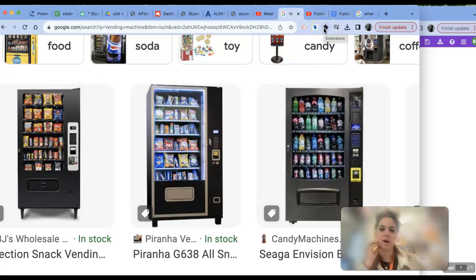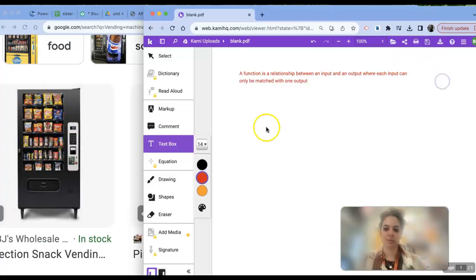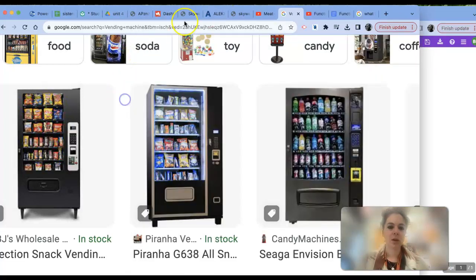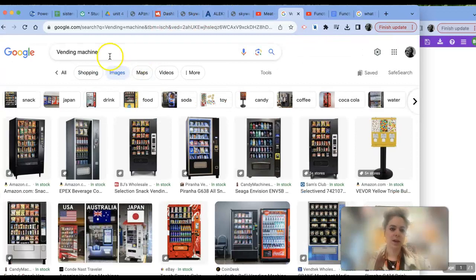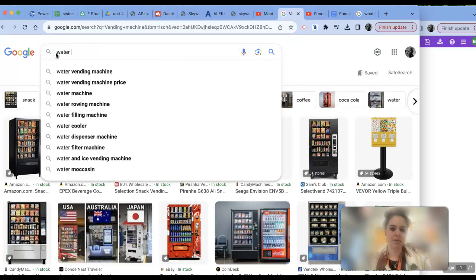But then we've got some other types of machines that sometimes make it a little bit more difficult for kids to understand. So let's take a look at what other types of machines there could be. Let's say I go to a water vending machine.